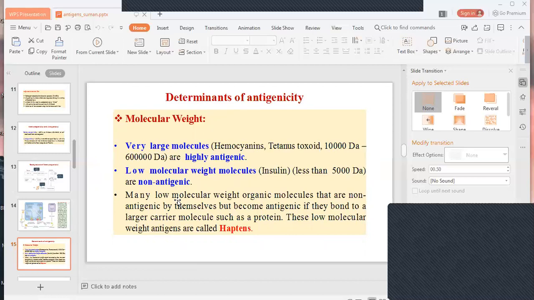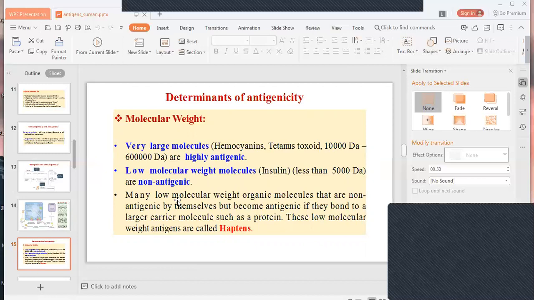Here again I'm showing that very large molecules like hemocyanin and tetanus toxoid, having this molecular weight range, are highly antigenic.